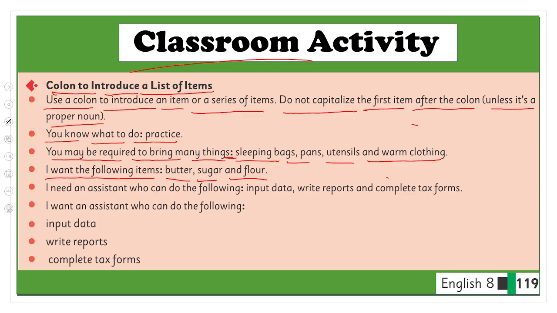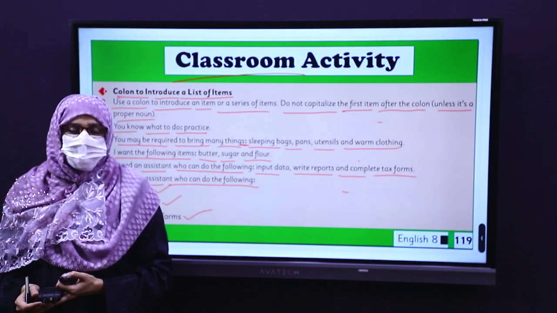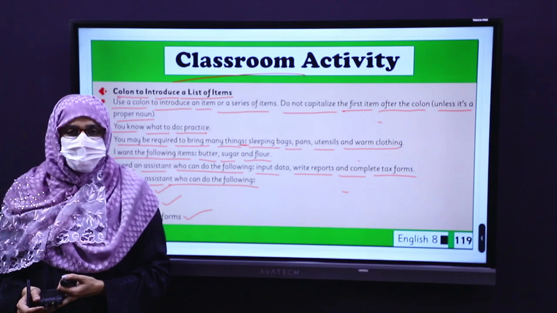Again, you can see that colon is used to list down different grocery items. I need an assistant who can do the following: input data, write reports, and complete text forms. So, here you can clearly see how we use colon.